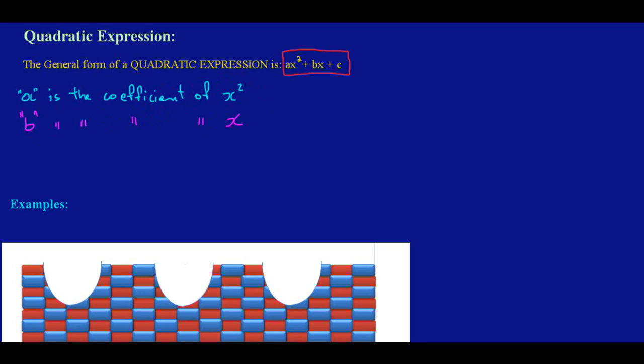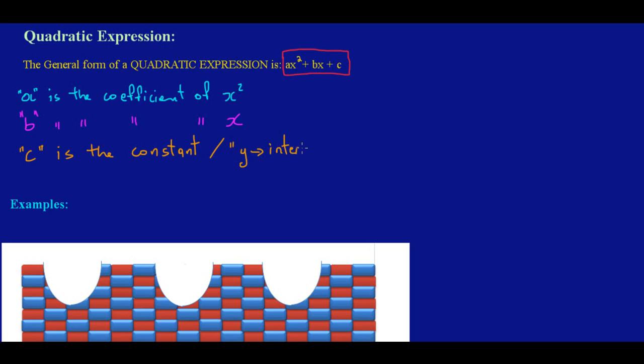And c is called the constant. Okay, constant. And as we would have learned before, a constant is a number that doesn't change. Okay, c is called the constant, and I'm going to put a slash here, and put this in quotation because it is very important. It's also called the y-intercept.